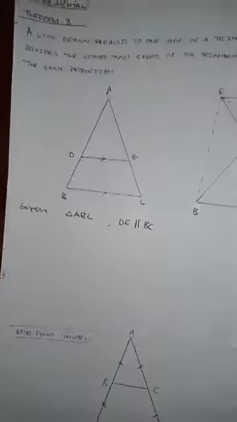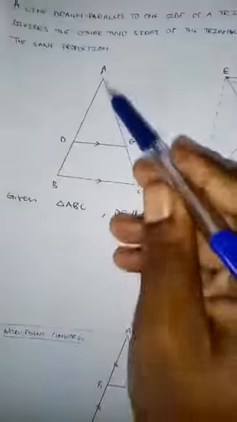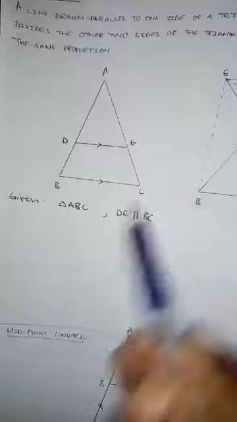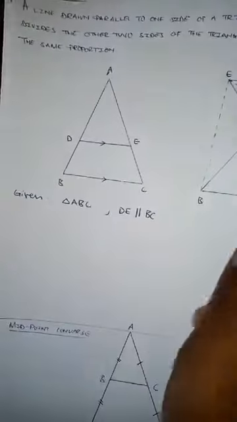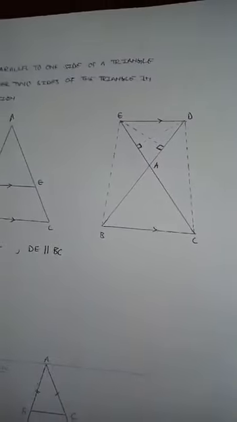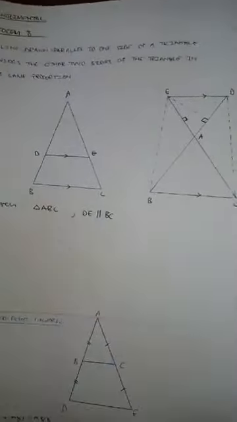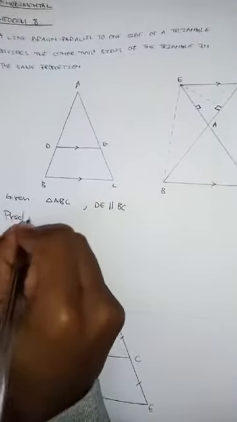Okay. So what are we given? We are given triangle ABC, and we are told that DE is parallel to BC. Right? So let's see if we can prove this.